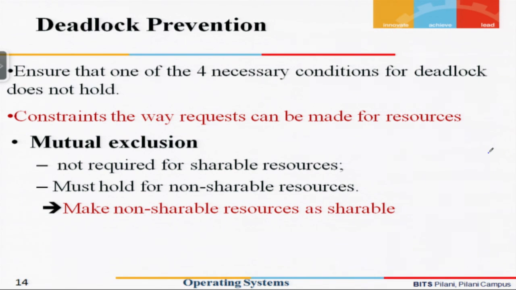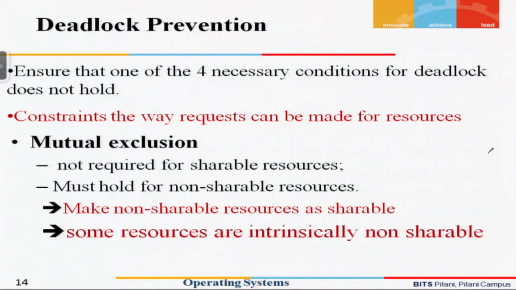What can be the strategy? The strategy is that if somehow we can convert non-shareable resources to shareable resources, then our problem can be solved. So the solution here, if we wish to avoid mutual exclusion, is to make non-shareable resources shareable. But the problem is that there are resources which are intrinsically non-shareable.